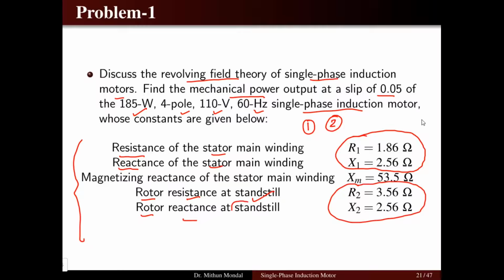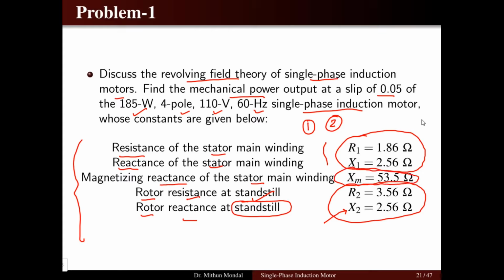Remember, it is set at standstill because when the rotor gathers some speed, the rotor reactance will change, which is a property of the induction motor. The magnetizing reactance of the stator circuit is given as 53.5 ohms.